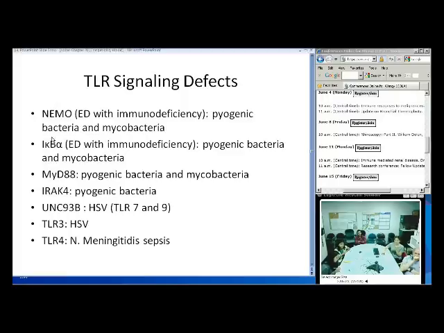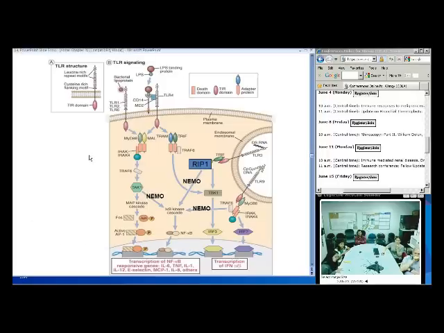Okay, so NEMO and I-kappa-B are going to have pyogenic infections with mycobacterial infections. If we look at the signaling cascade, NEMO and I-kappa-B are going to be fairly downstream. So it's going to affect a lot of the TLR signaling, and it's going to affect this NF-kappa-B, leading to infection.